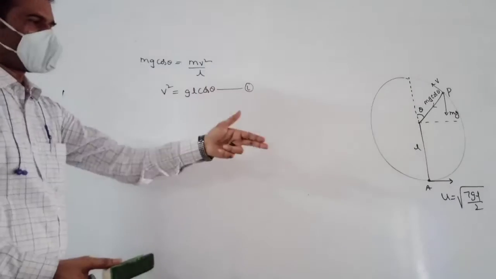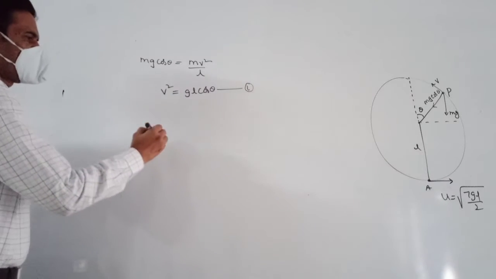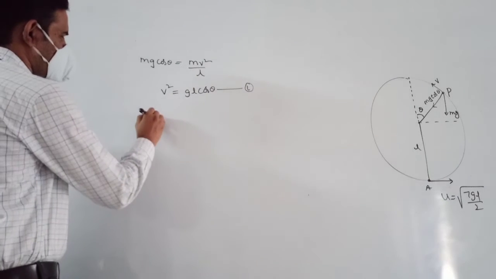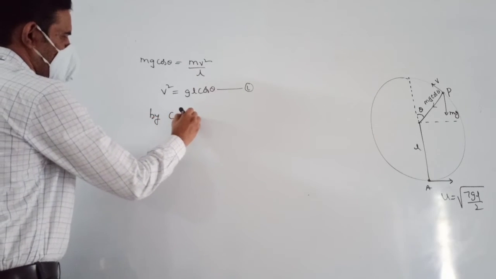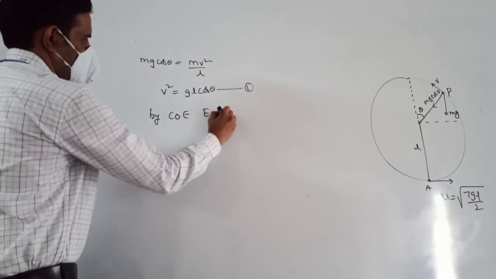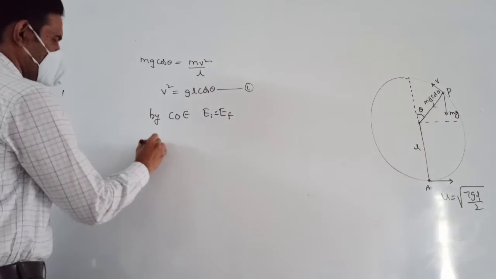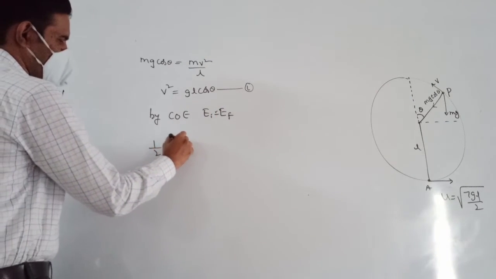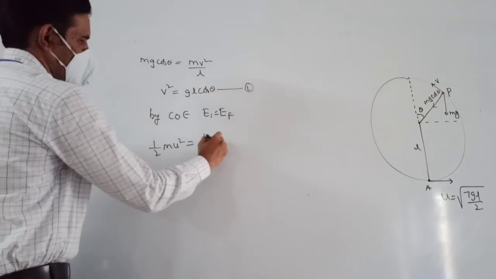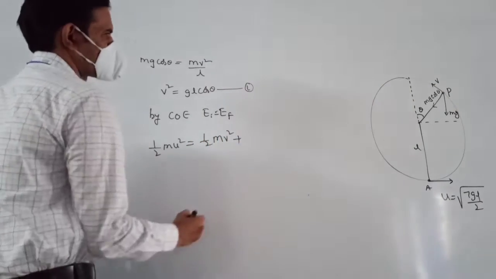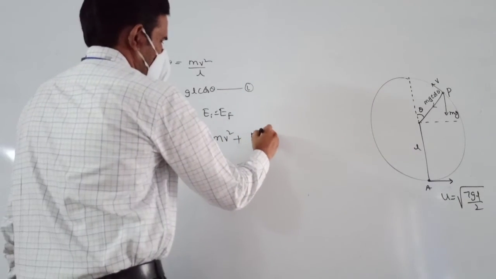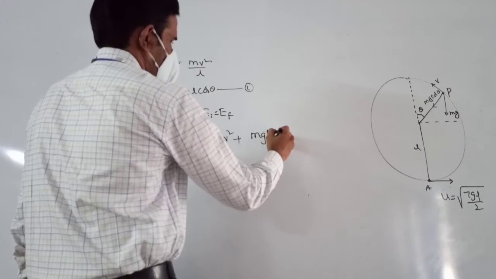By conservation of energy, initial energy is equal to final energy. So half m u square is equal to half m v square plus mgl times 1 plus cos theta, the same as our previous equation. The height of point P with respect to point A is L plus L cos theta.